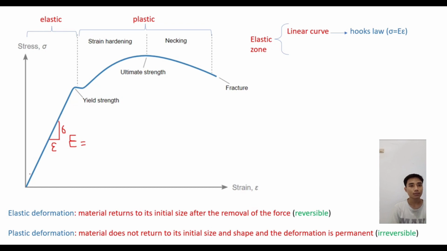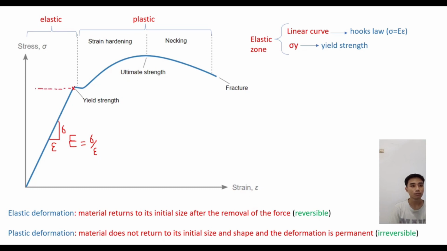Here we have the maximum amount of stress that a material can take right before plastic deformation. So this is the yield stress of the material, which we show with sigma.